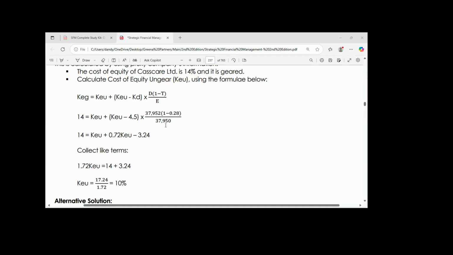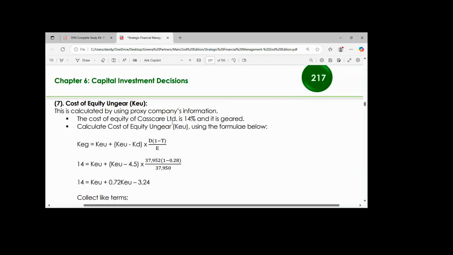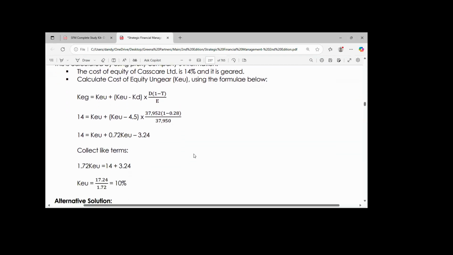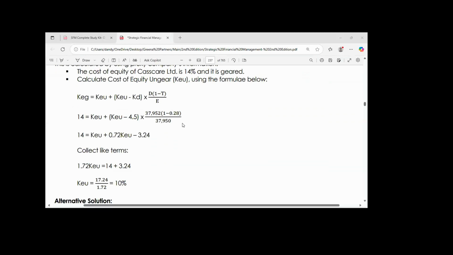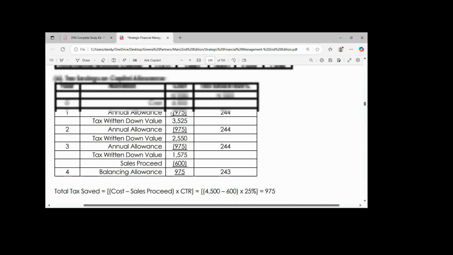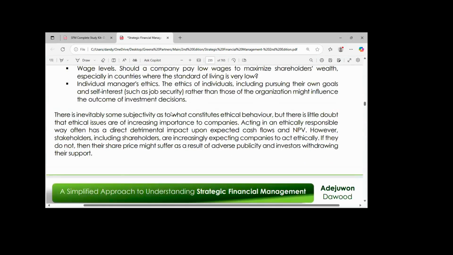Then we go ahead and calculate the market value of the equity. We are told that for the proxy company, the number of shares is 15 million, trading at 2.53. Let me confirm that.